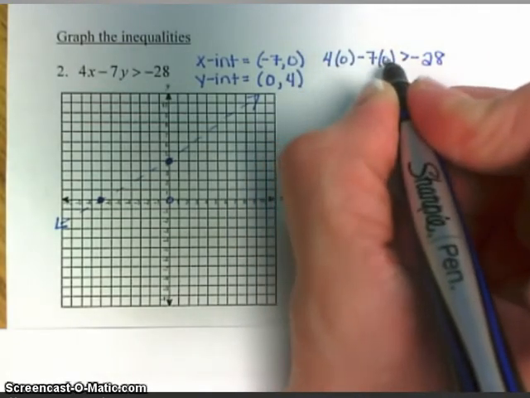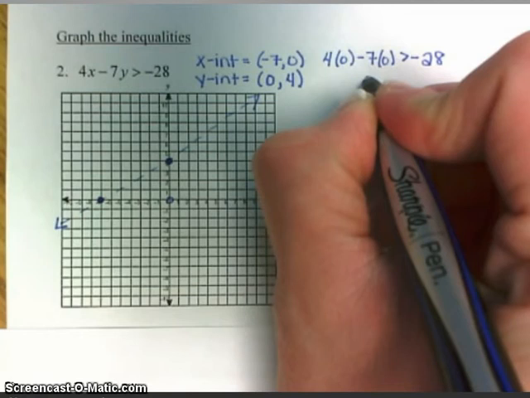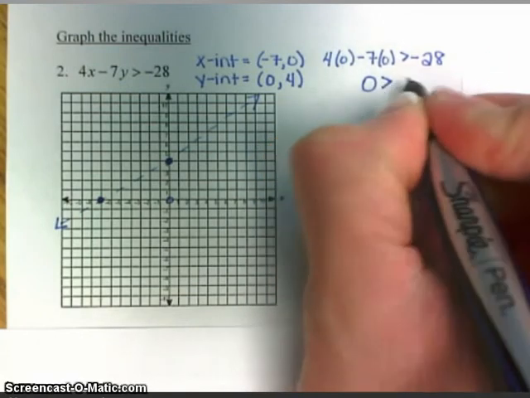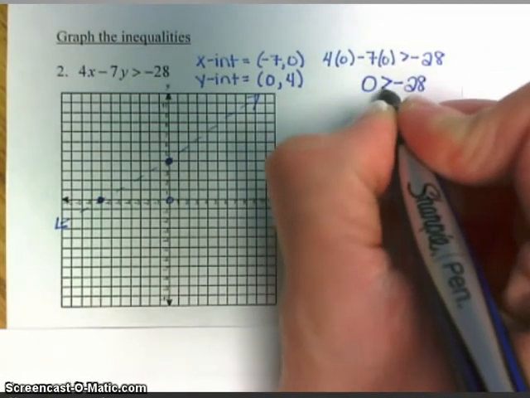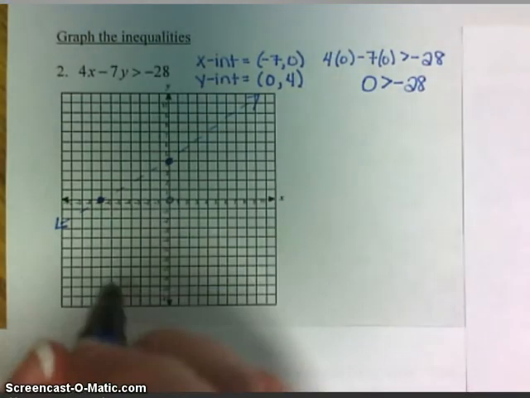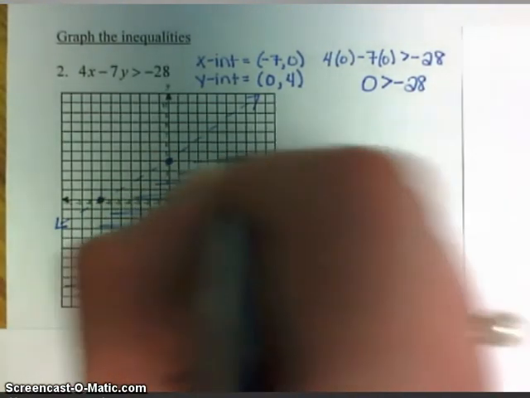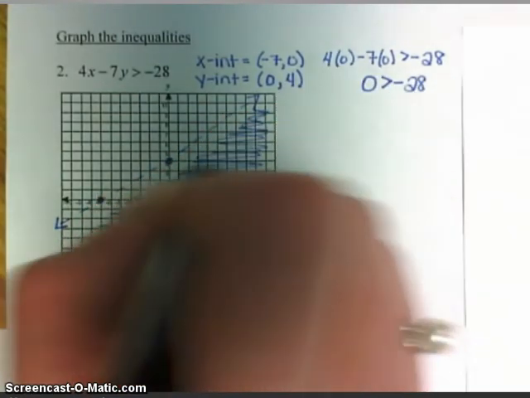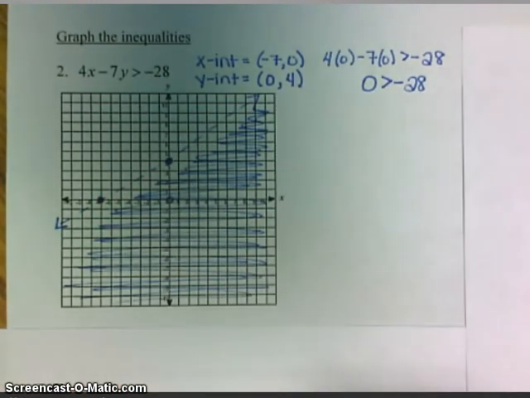Well, this entire side, if I multiply by 0 and then do subtraction, that's just going to give me 0. Is 0 greater than negative 28? That's true. So that means I shade everything below the line. I shade on the side with 0, 0 because 0, 0 works. It means all of those points will work.